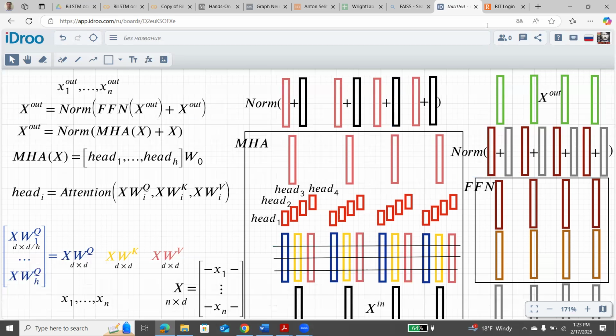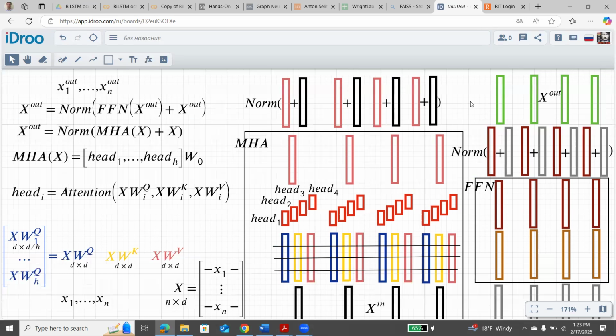But you could notice that in the translation, we used a recurrent neural network. And the recurrent neural network actually takes care of the order of the words.